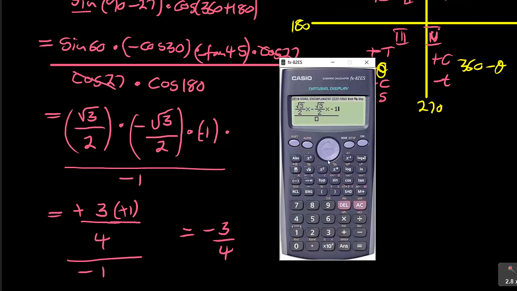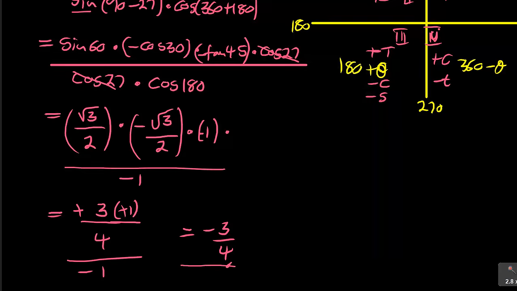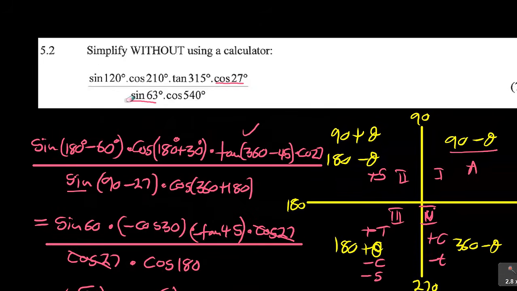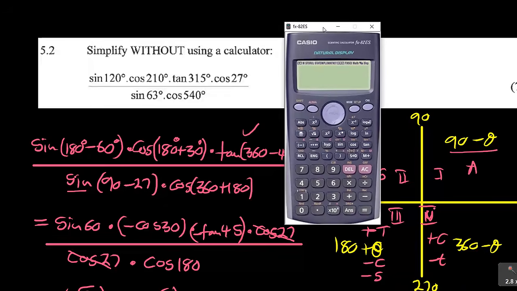You see that, over negative 1, just to get what you're getting. You see it's negative 3 over 4. So that is the answer that you get in here when you do the reduction rule. But the always proper thing to do is to come back to this question and have your calculator to say what is the answer here.